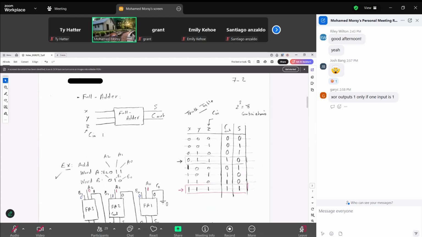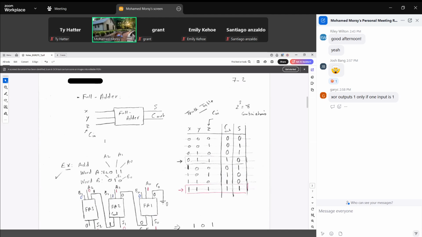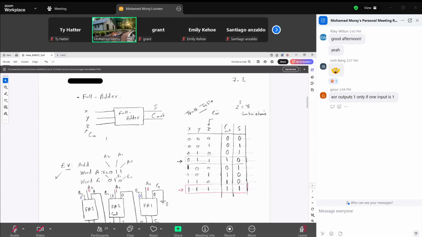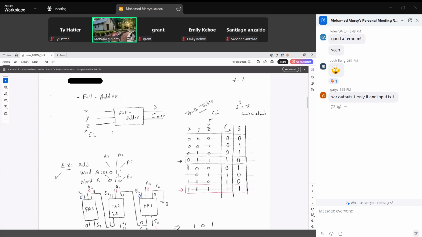The third input is the carry in, which comes from previous stages or is given. Like if this is connected to the ground, for example, the carry in is 0. So it is either connected to the ground to represent the third input, or it comes from other previous stages, as we will see. Okay?